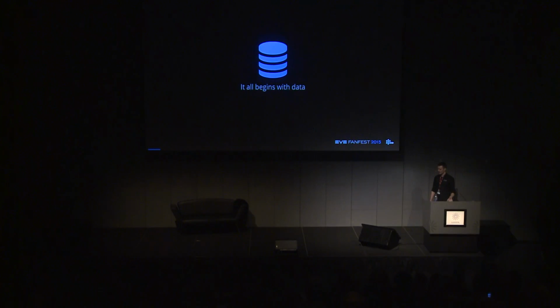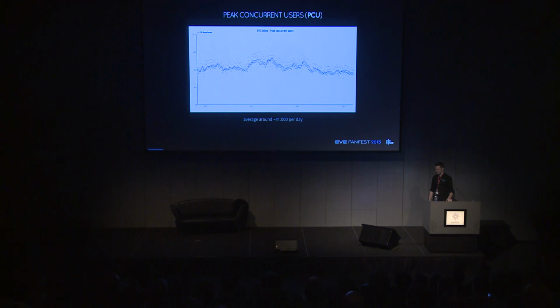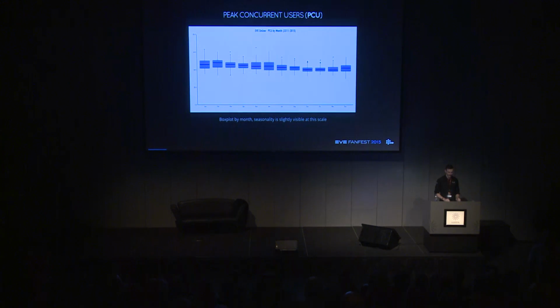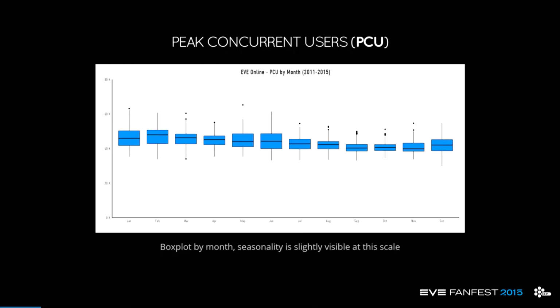Now, it all begins with data, and this is the PCU. This is data that's already available online, and it's averaging around 41,000 per day. There's some seasonality. If we plot it by months, we can see it's somewhat lower during the summer months.